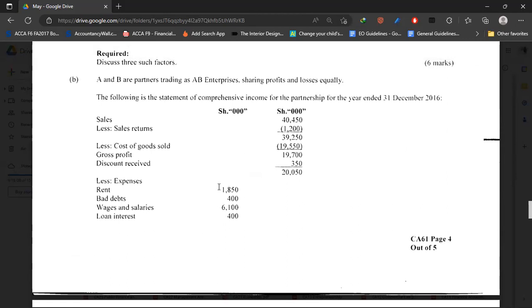A and B are partners trading as AB enterprises, sharing profits and losses equally. The following is a statement of comprehensive income for the partnership for the year ended 31st December 2016.